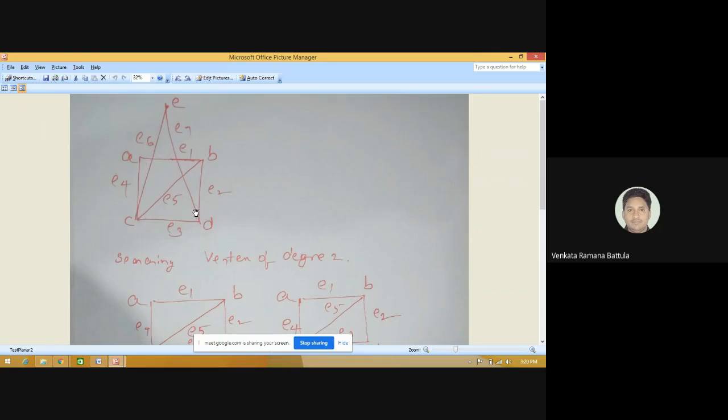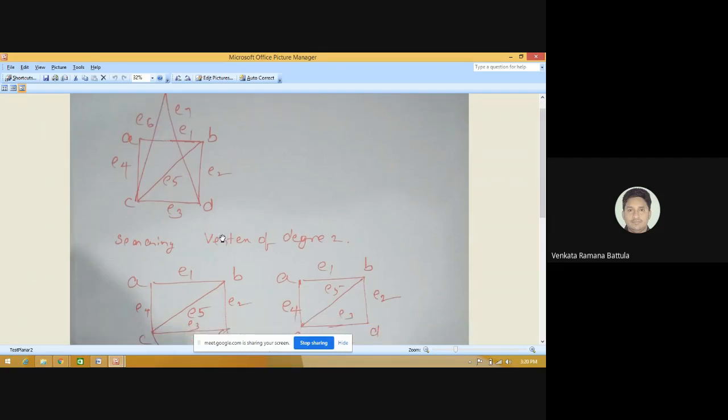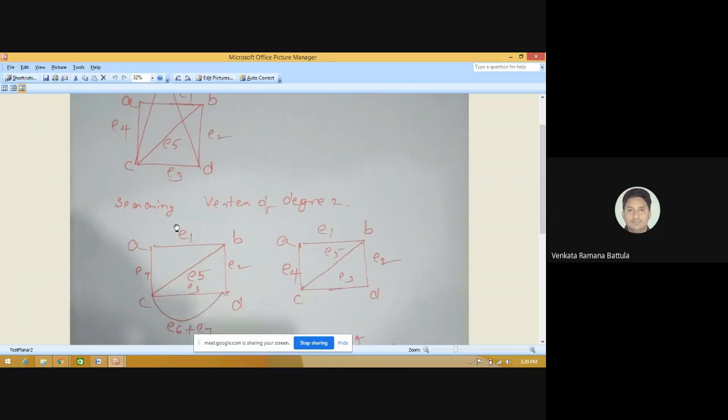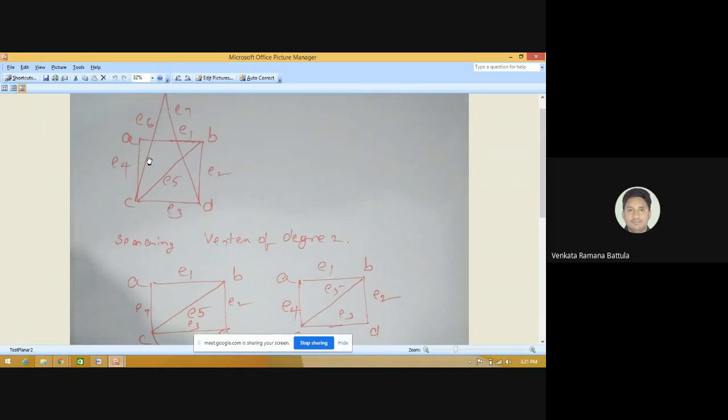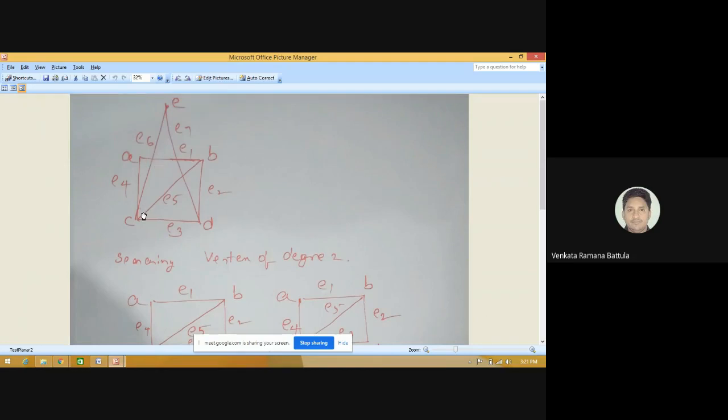The degree of D is 3. The degree of B is 3. The degree of E is 2. So let me start with vertex E. Here, C to D, the edge is E3, let me say E3 units. Then to reach D from C, we can traverse E6 and E7.